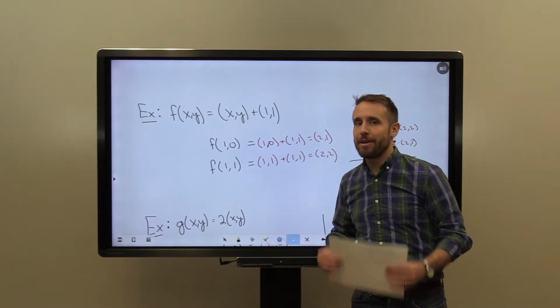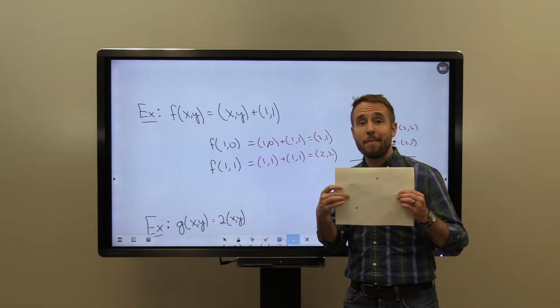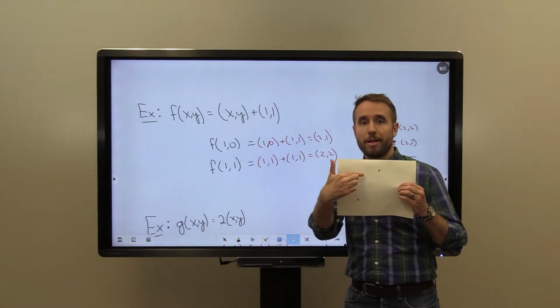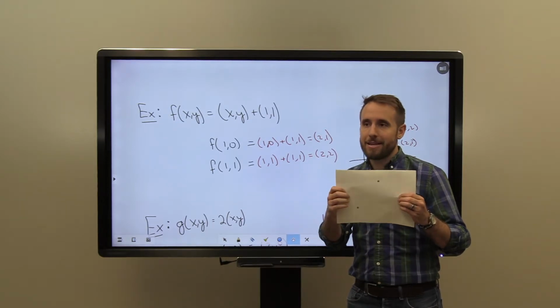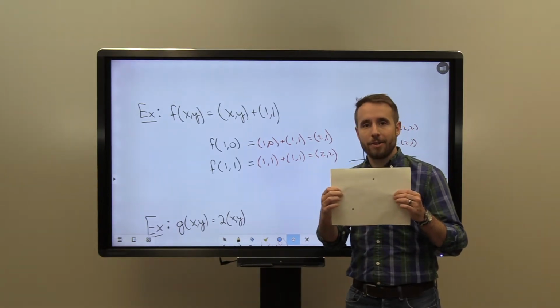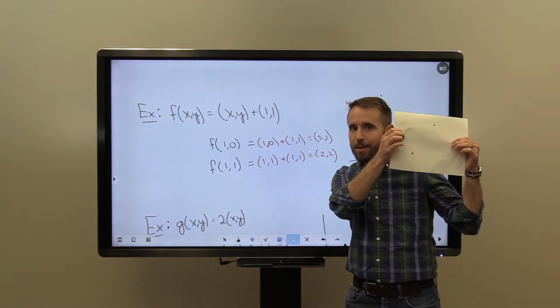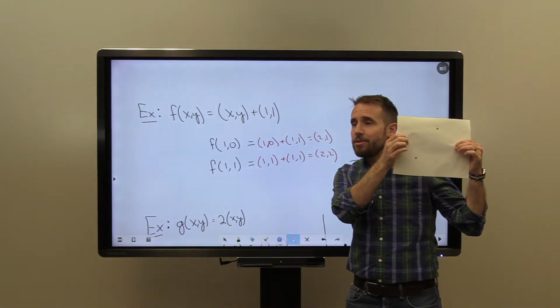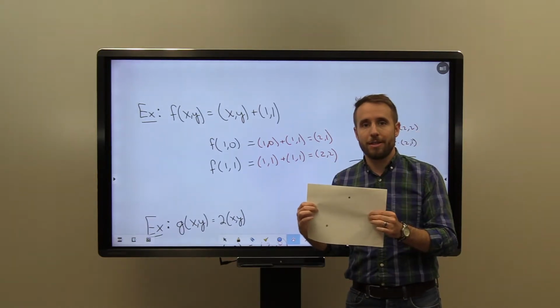To see this another way, look at this high-tech piece of paper that I have here. Imagine this is the plane with 2 points drawn on it. We can see immediately that if I have any function that describes a translation of the plane, just by moving it up here, the distance between these 2 points, and really any 2 points in the plane, will be preserved.